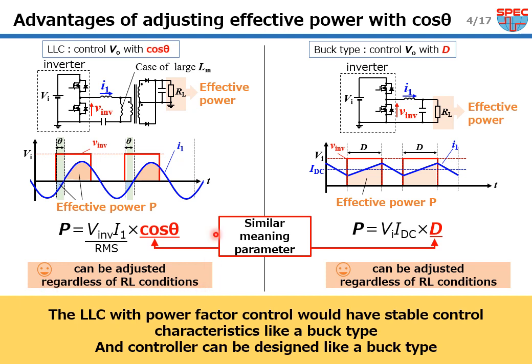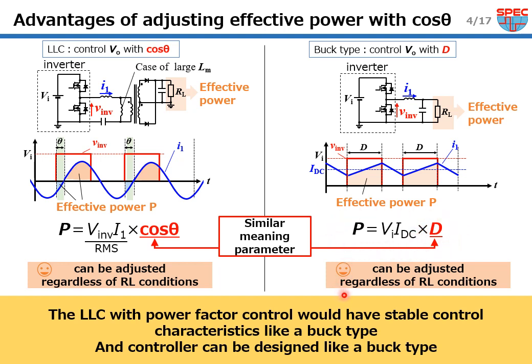Similarly, the buck-type converter has stable characteristics, and the effective power can be adjusted by controlling the duty ratio. Accordingly, the effective power P is expressed by this equation.